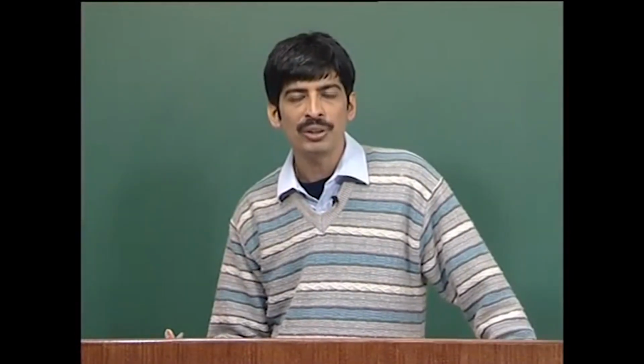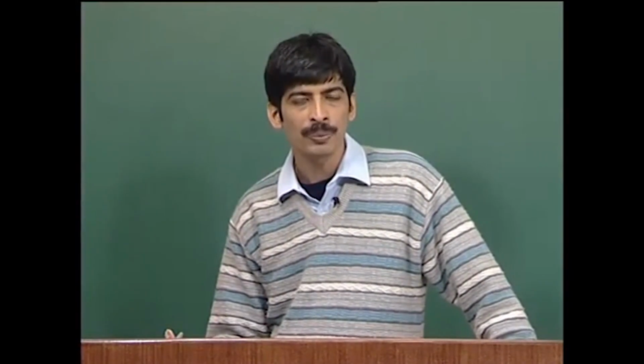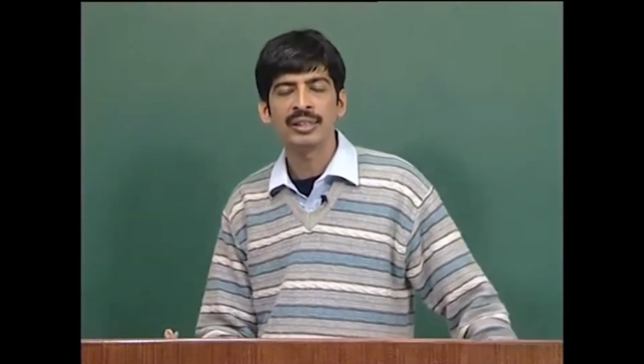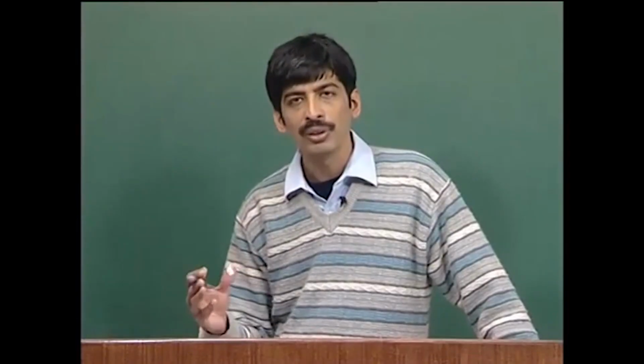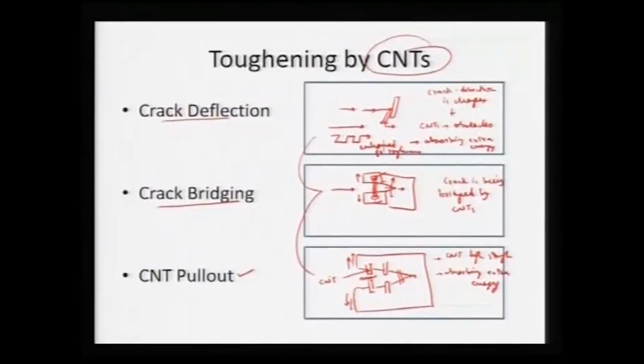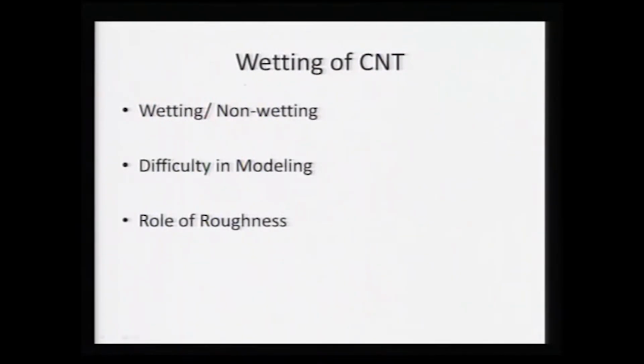In CNT pull out, we are using some energy to fracture the carbon nanotube, and since carbon nanotube has very high fracture strength or yield strength or even bending strength, that energy is now being utilized in fracturing the CNT rather than fracturing the composite. So, the overall crack length is now very short, much shorter in comparison to what it would have been in the absence of carbon nanotubes. That is how we can get different sorts of toughening by the presence of carbon nanotubes.